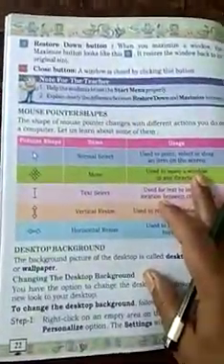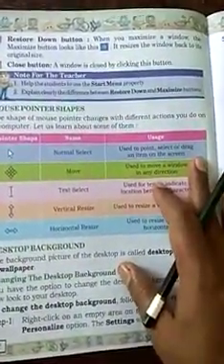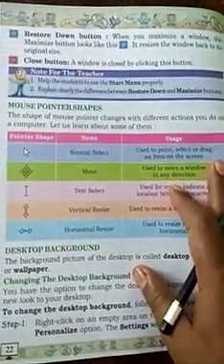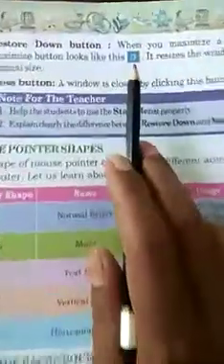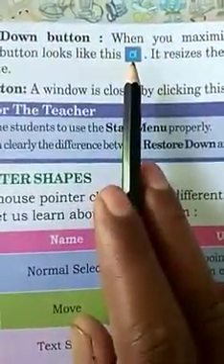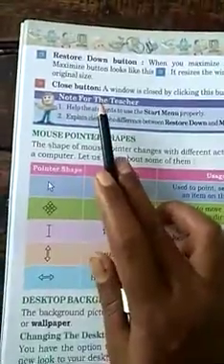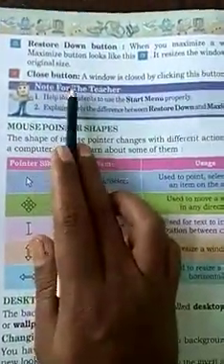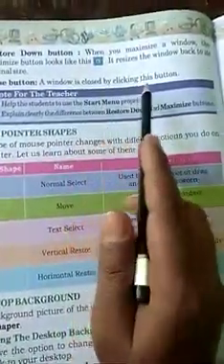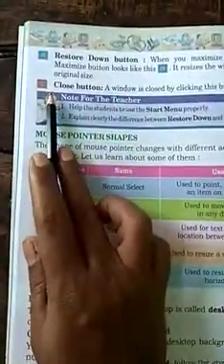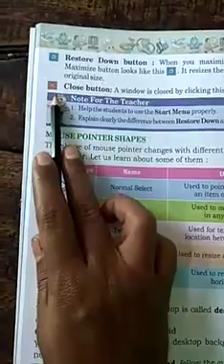And restore down button. When you maximize a window, the maximize button looks like this. Look carefully. It brings the window back to its original size. And the last one is close button. A window is closed by clicking this button on the right corner at the top of the window.